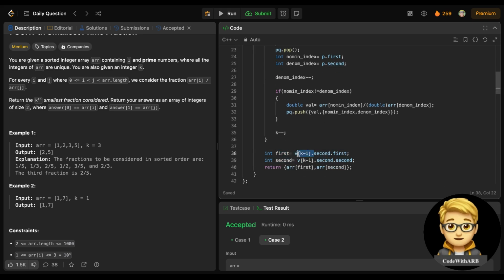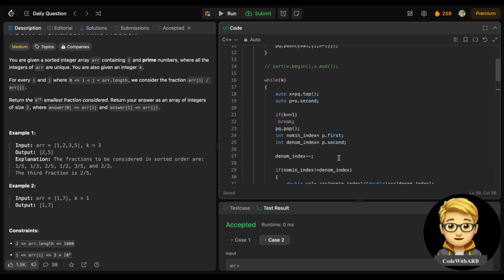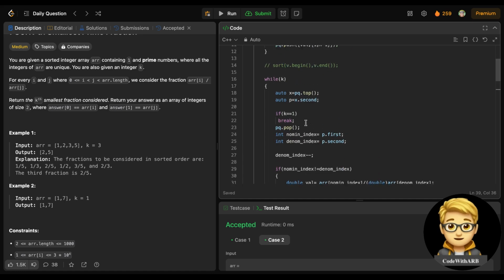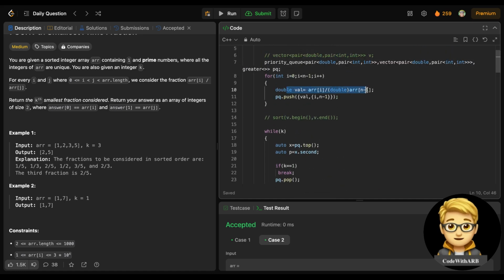So instead of this vk minus 1, what I need to write is vk dot top dot second. This should be the top element, and its first index will be the numerator, and this is the denominator. Okay, so what we are doing, we are inserting all the elements by taking the fraction of the maximum elements, that is 1 by 5, 2 by 5, 3 by 5.